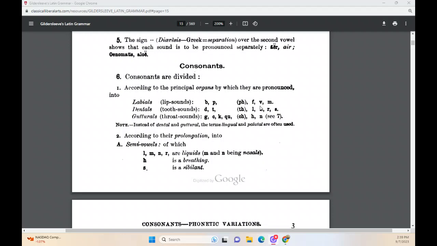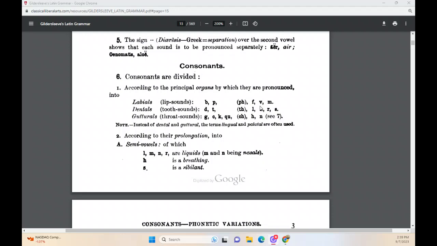So if you think about the word water, that's similar to how the U is pronounced with a consonantal sound in Latin. So it's like w, w, w. And you'll notice that to make that consonant sound, you need to bring your lips together. W, w. So it's a labial consonant sound.